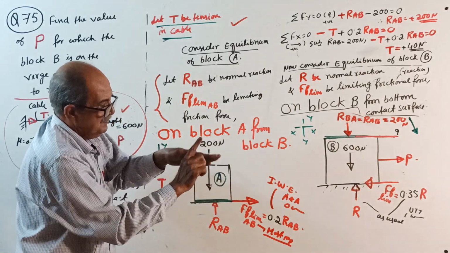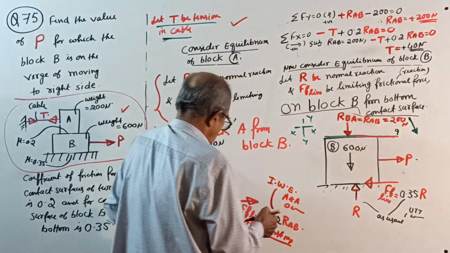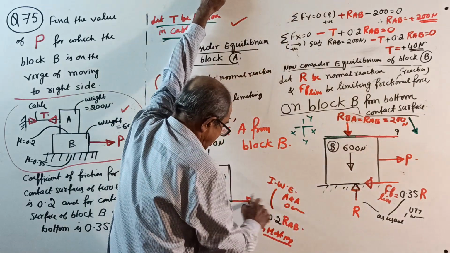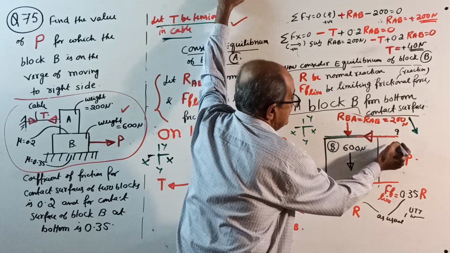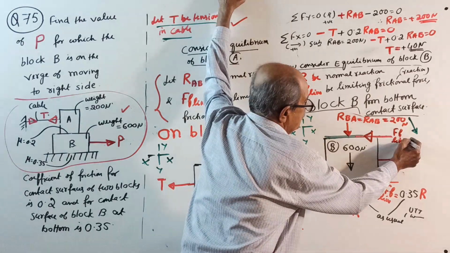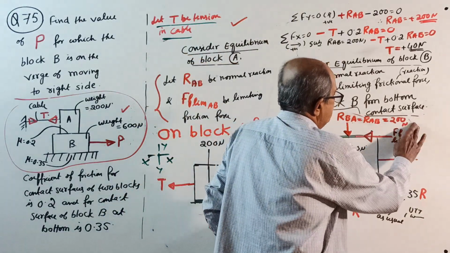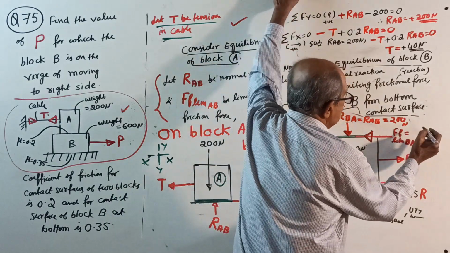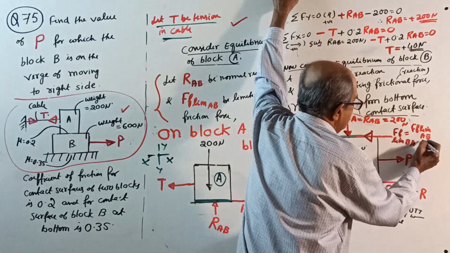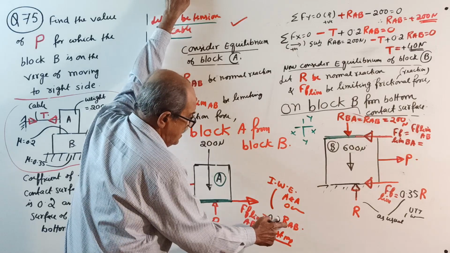Therefore, if it rubs it like this, this will rub it in the opposite direction. The F friction limit for A from B is, whatever the direction here, reverse here. This is the F friction limit on block B from block A. F friction limit on block B from block A is equal to F friction limit on block A from B, which is 0.2 RAB.